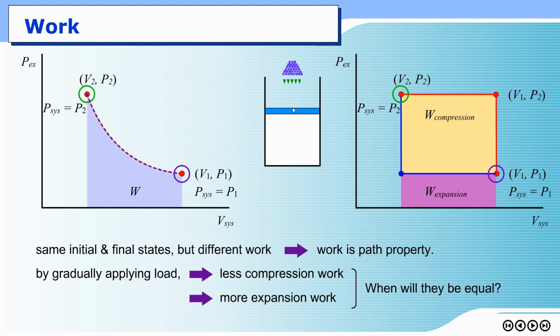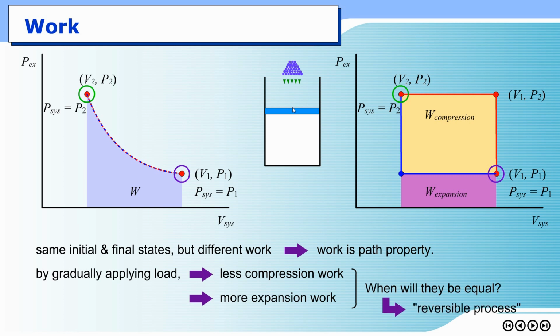So whenever you change your mind and you remove the load instead of putting the load in, the system returns to the original point. That kind of thing is called a reversible process.